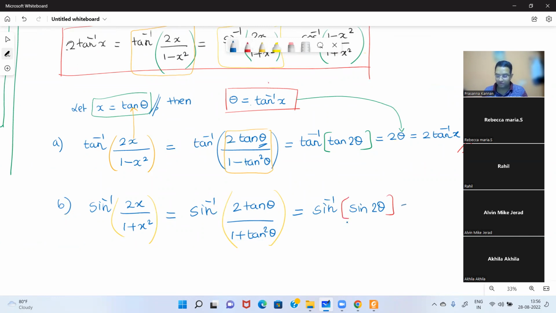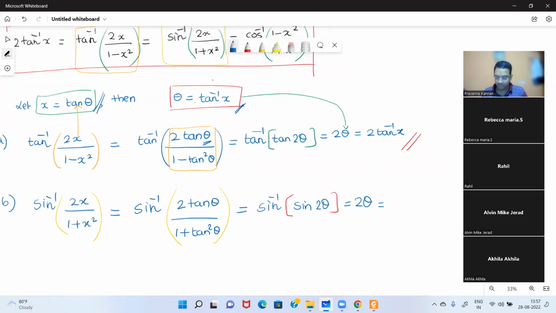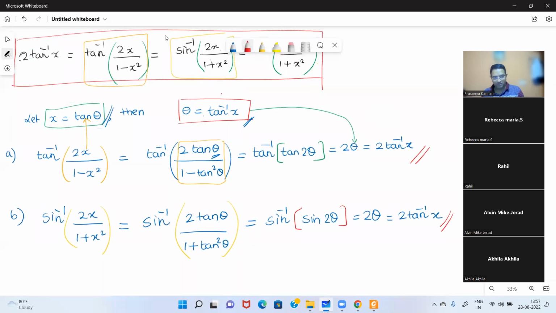So what is sin inverse of sin 2 theta? 2 theta. But what is theta? Tan inverse x. So this will become 2 tan inverse of x. So have we not proved the next one? 2 tan inverse x is also equal to sin inverse of 2x by 1 plus x square.